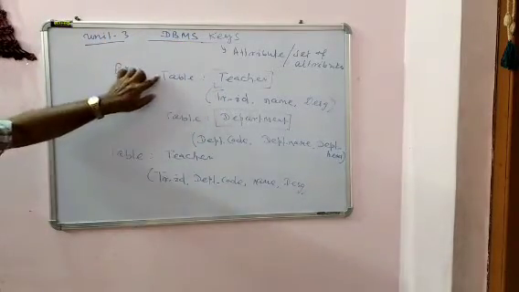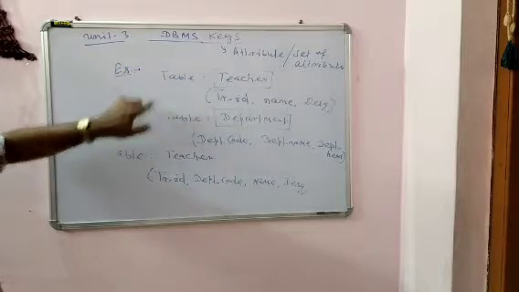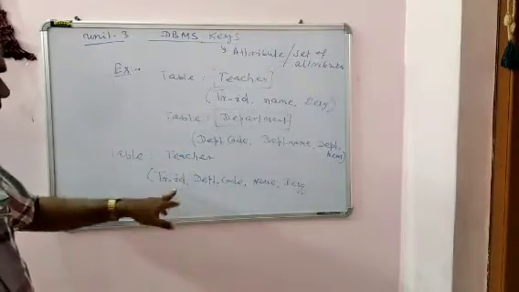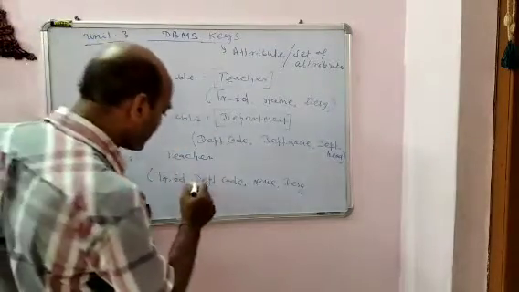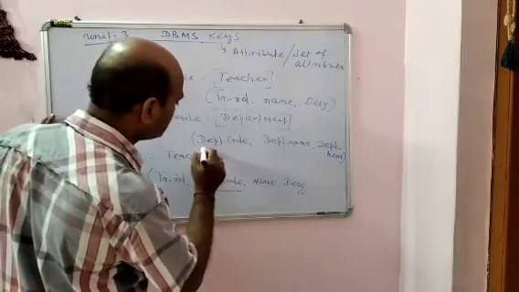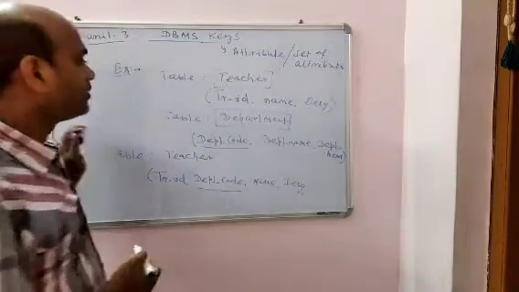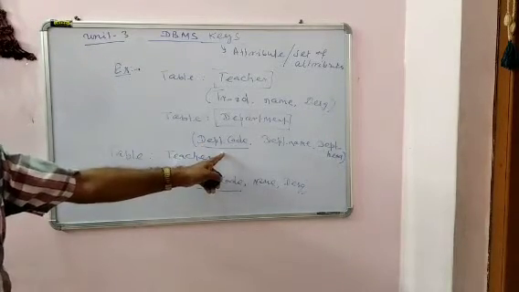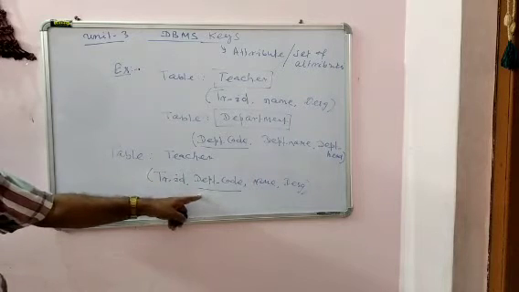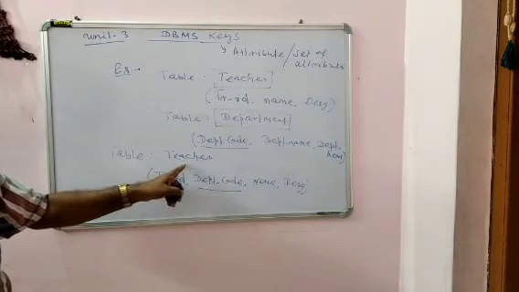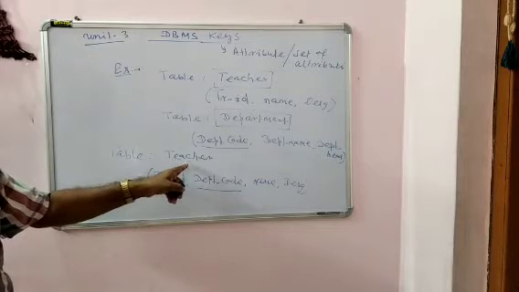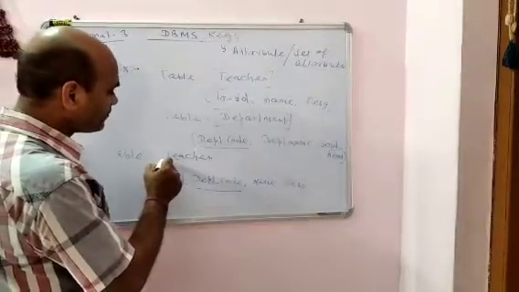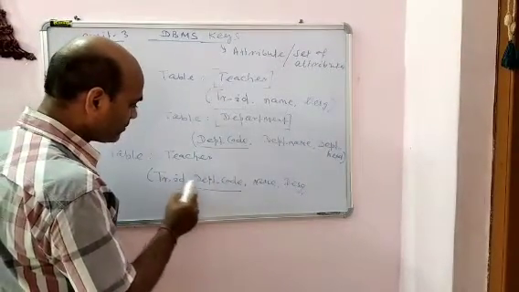If the teacher table has this type of attribute, then we can easily relate, because there is a common attribute, department code, in the teacher table and also in the department table. In the department table, department code is the primary key, and in the relation teacher it is a non-key attribute. In the teacher table, teacher ID is the primary key.